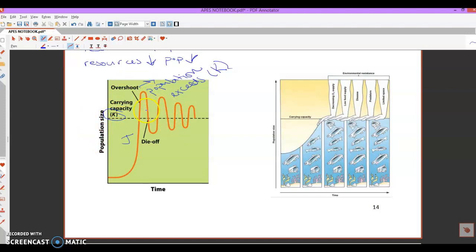Now, what happens immediately after it hits its peak? The population rapidly crashes, and we call it a die-off. The die-off occurs because of resource depletion. There are no more resources available, so that's why we see massive death. So resource depletion is obviously going to lead to mortality. Mortality is death.